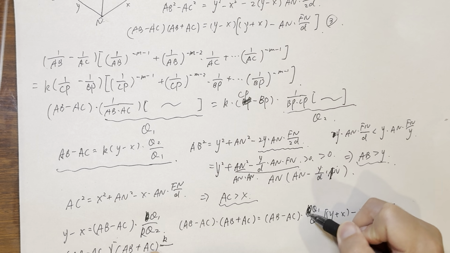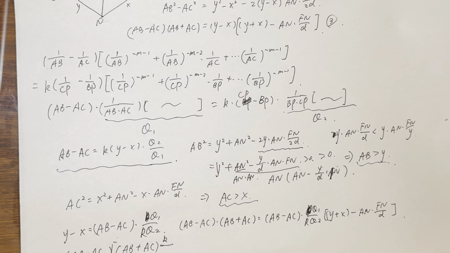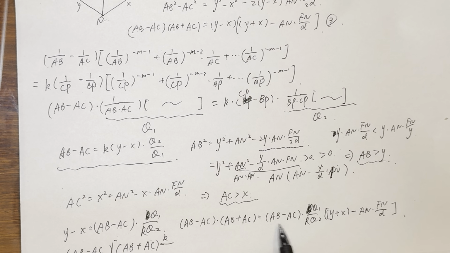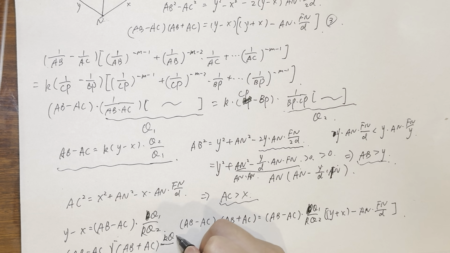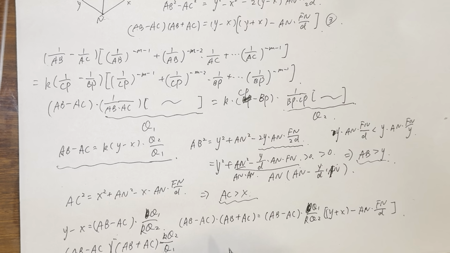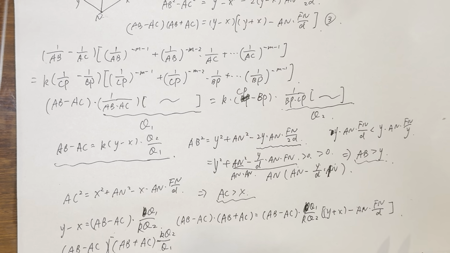So here should be KQ2. That's correct. Now we have AB minus AC times AB plus AC times KQ2 to Q1. Yeah, that's right. K and Q2 always together, right? Okay, sorry for the mistake.